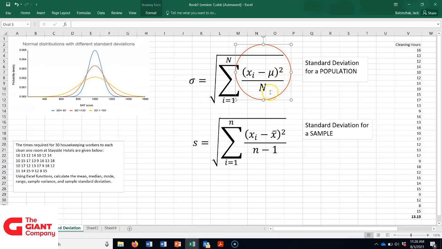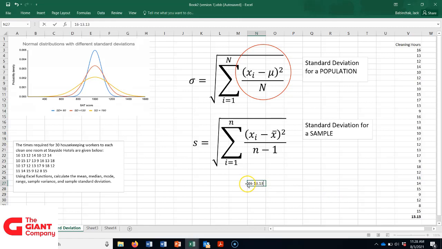So the very first thing we'll start with, let's use this as an example: 16 minus the average. This is mu. We might have talked about that before. This is mu, and this means the population average is 13.13.